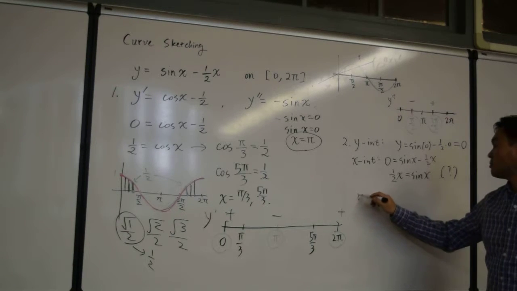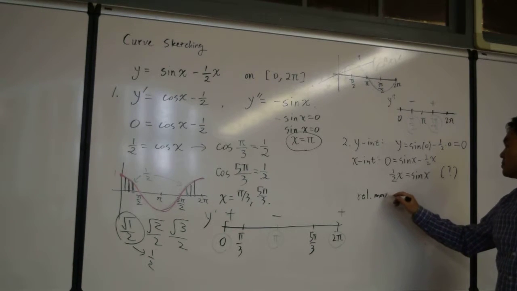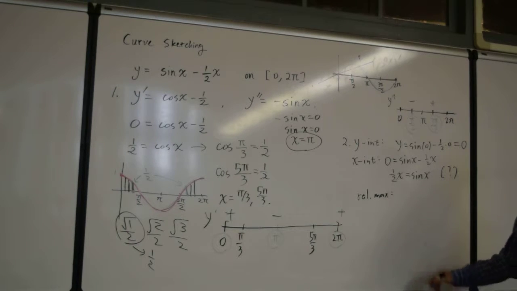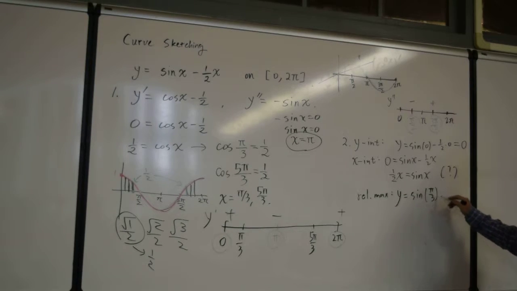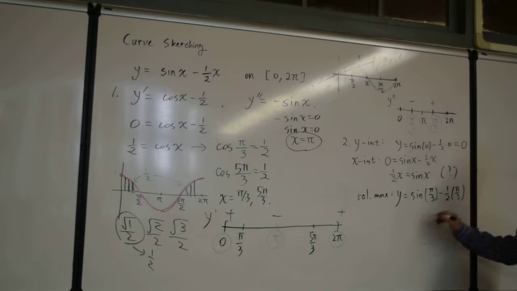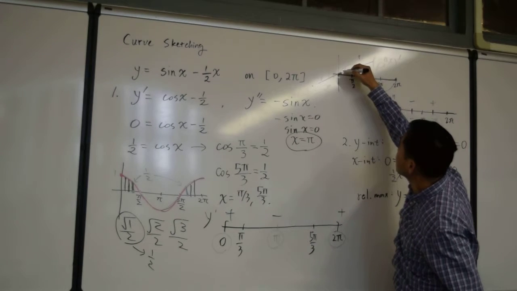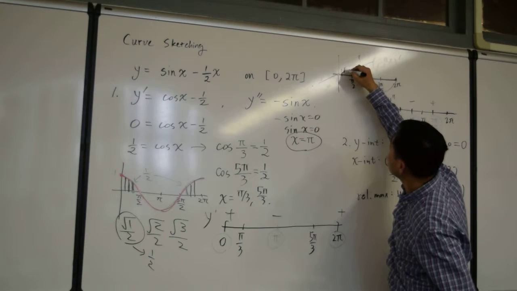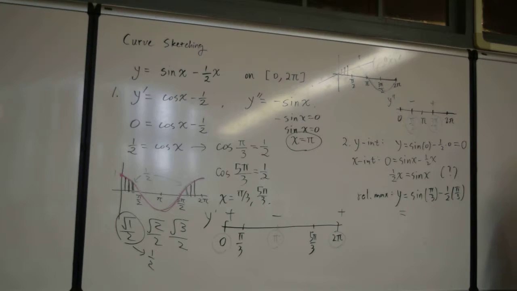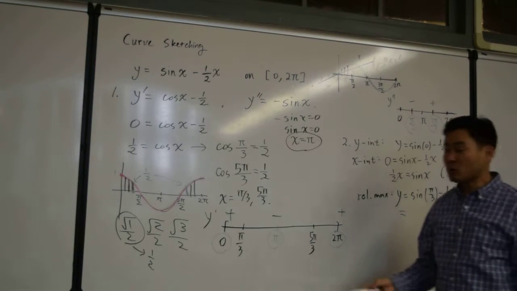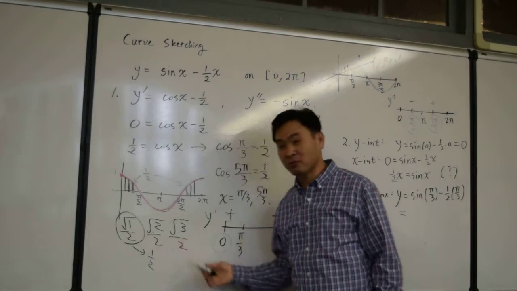Okay, so relative max: y equals sine of pi over 3 minus 1/2 times pi over 3. Sine pi over 3, according to this graph, see, small, medium, large, right? So what's the value of sine pi over 3? It should be one of these three values: small, medium, large.